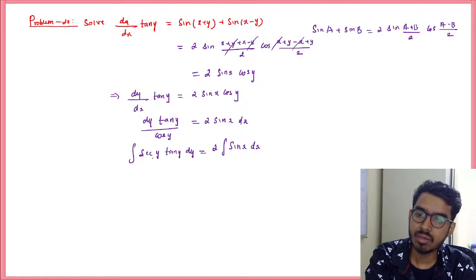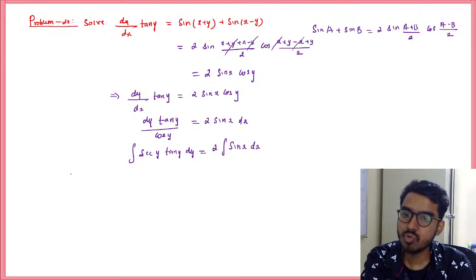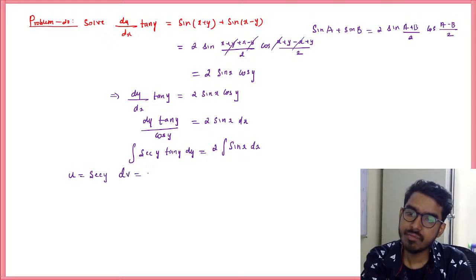1 by cos. Okay, this is very easy to perform. To perform this, let us take u to be equal to secant y and dv to be equal to tan y dy. So therefore, du by dy, right?